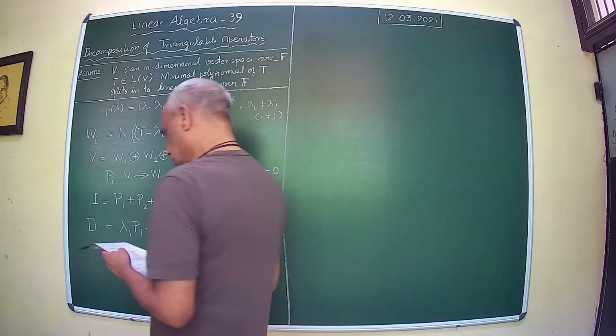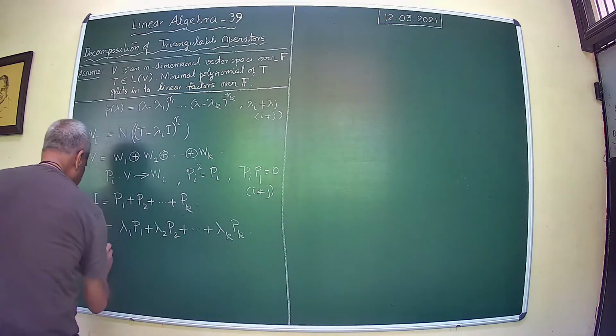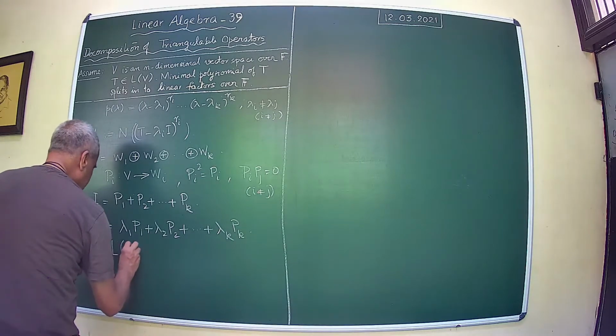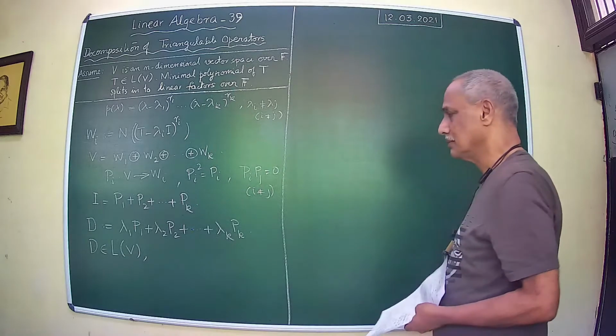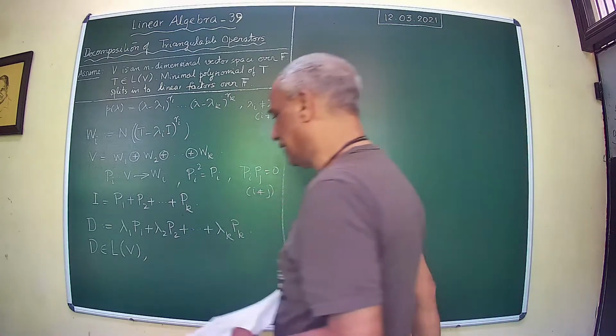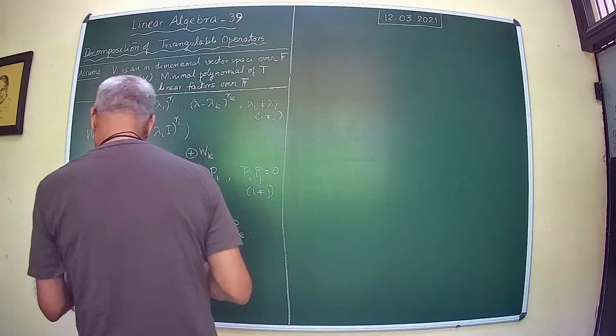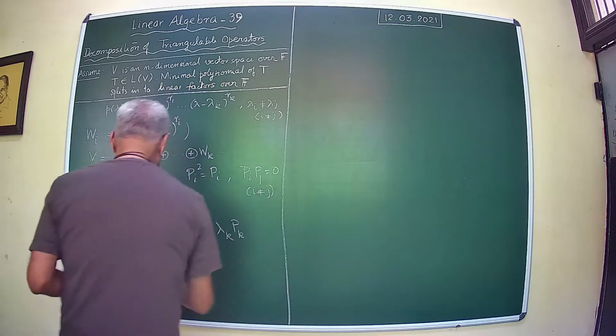Then of course D belongs to L(V). Clear. They are the sum of Pi's, or linear combinations of Pi's, which are in L(V). And also you have the diagonalization.